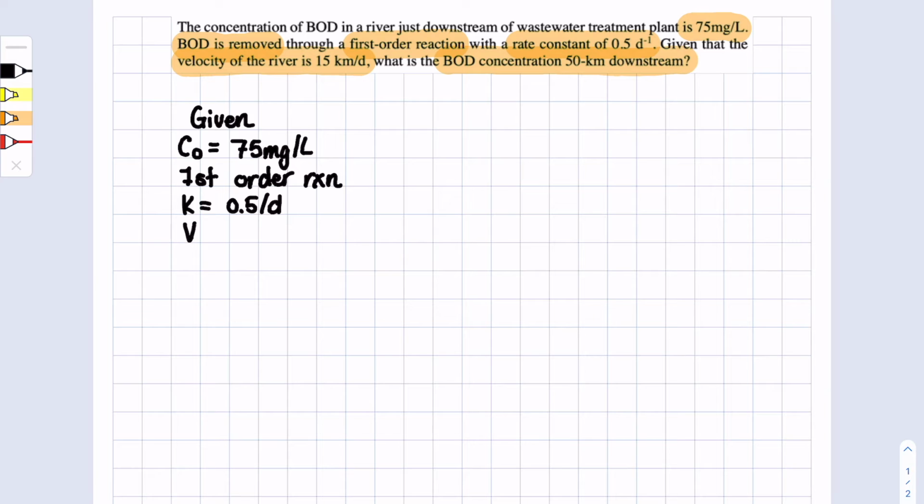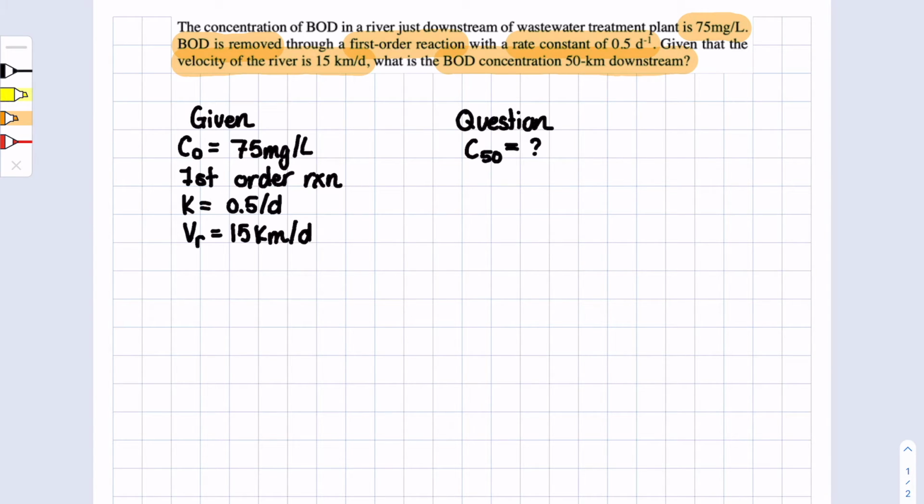We have the velocity of the river is 15 kilometers per day. And our question here is, what is the concentration 50 kilometers downstream?